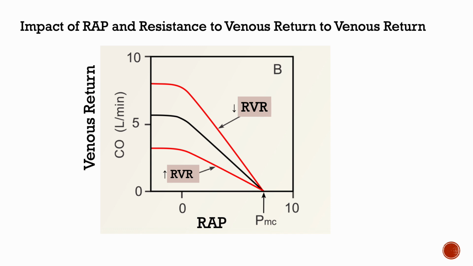So that does have some independent effect on venous return and cardiac output that we see clinically, although it doesn't come up too often in cardiovascular physiology in the ICUs or the ORs.